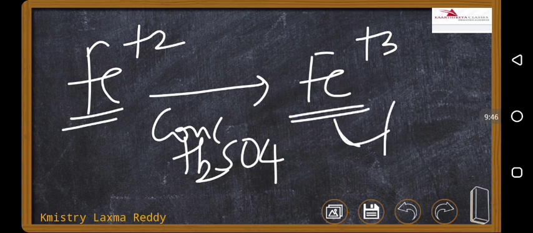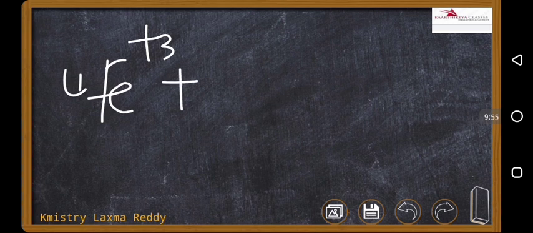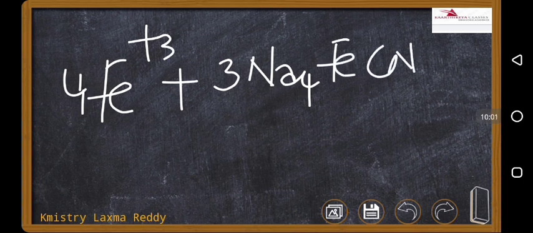So you are getting ferric there. This ferric part now will react with Na4Fe(CN)6, sodium ferrocyanide.